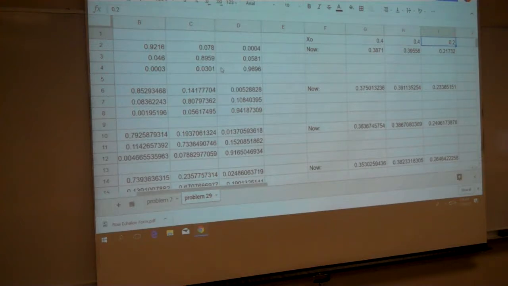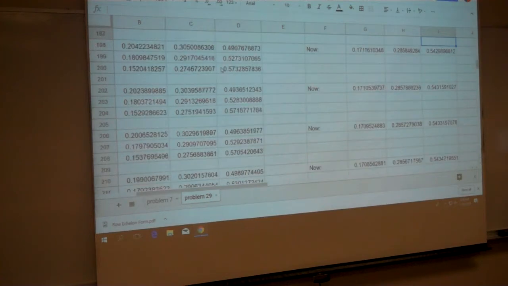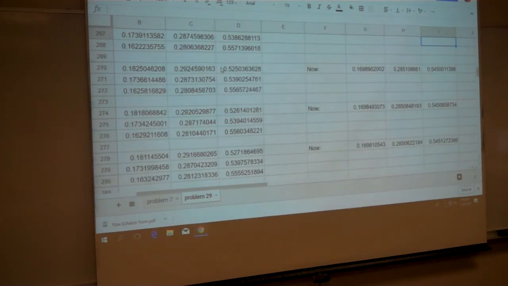We could have ended up with better numbers if we had started closer to what the answer actually was, right? If we had started off closer to the actual answer, and I didn't have to change so many, we would have gotten even closer to your answer after 70 years. See, look at what I got now after 70 years. I had kind of unrealistic assumptions on how we started off, right?